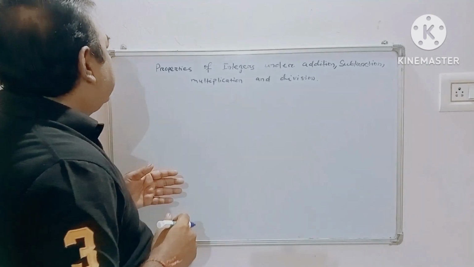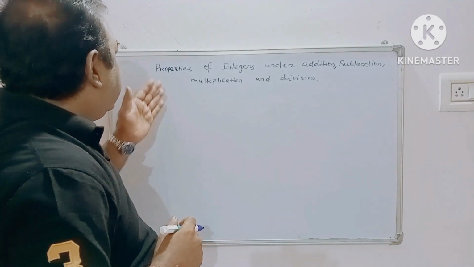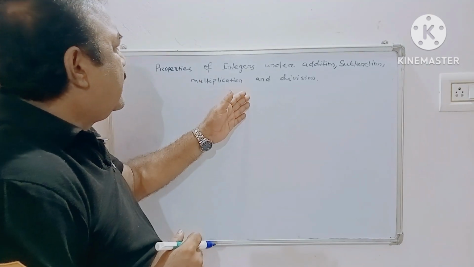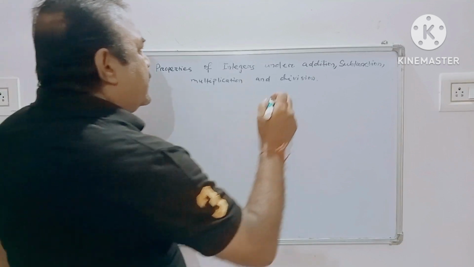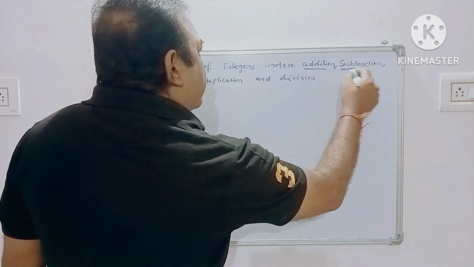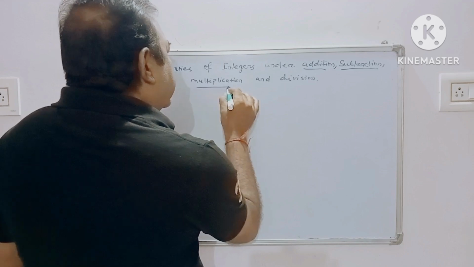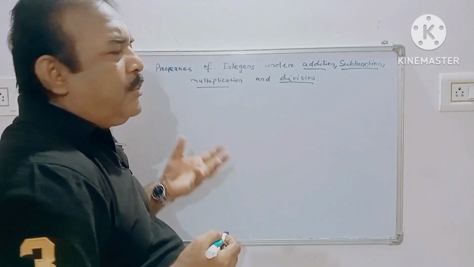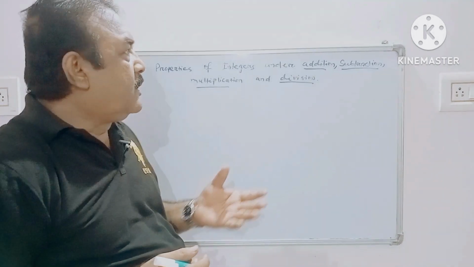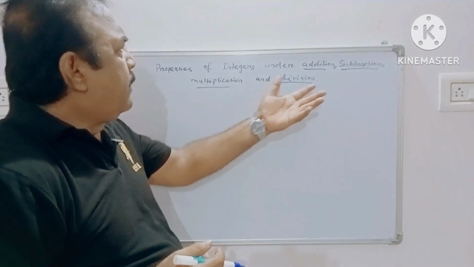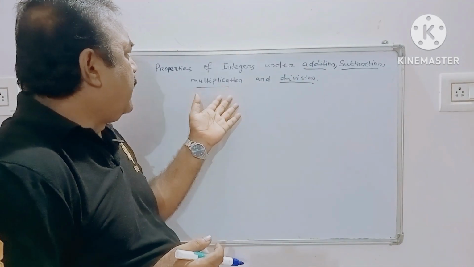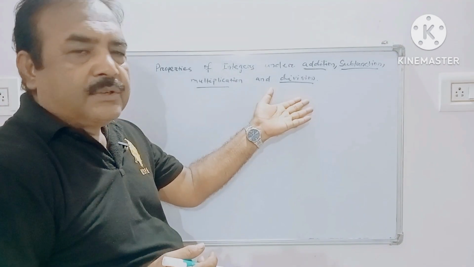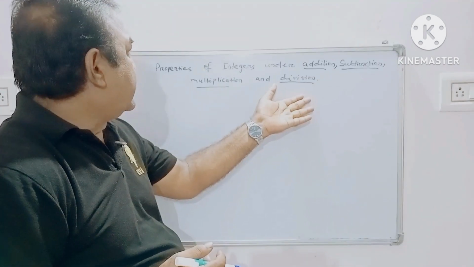So we have to see the properties of integers and the basic operations we have to follow: addition, subtraction, multiplication, and division. So you see, what do we do with the numbers? When we need, we may add, we may subtract, we may multiply, or we may divide. So these are the basic operations.